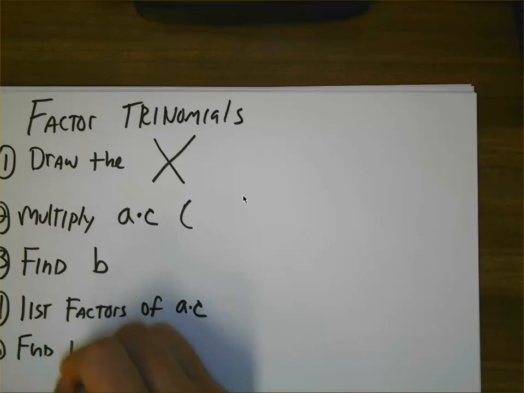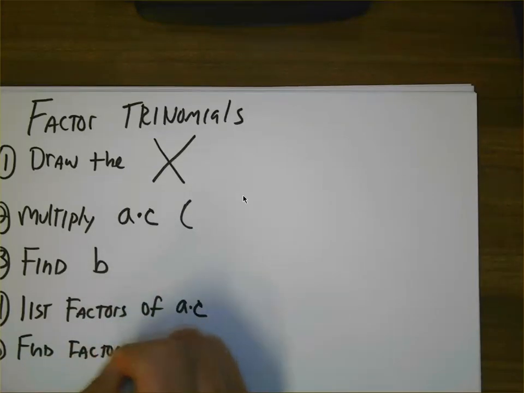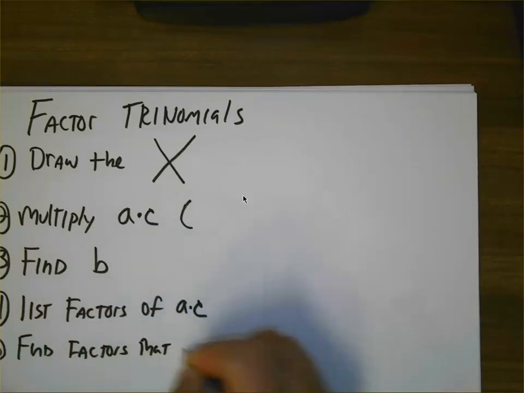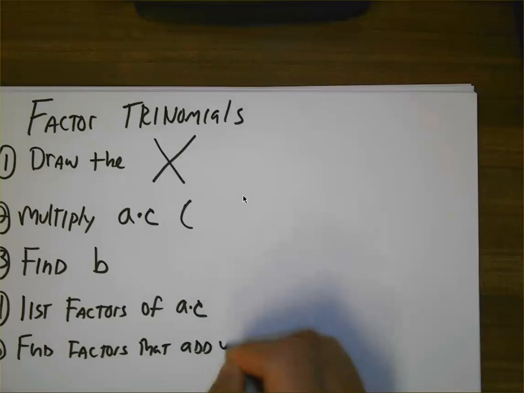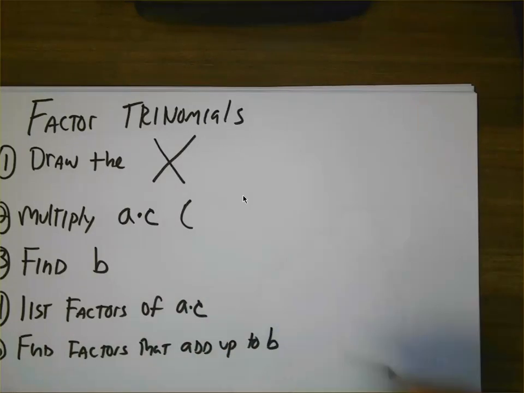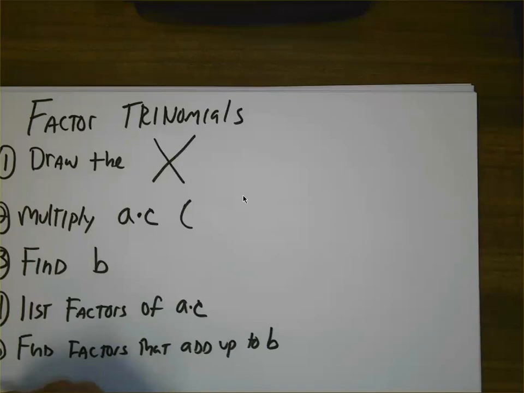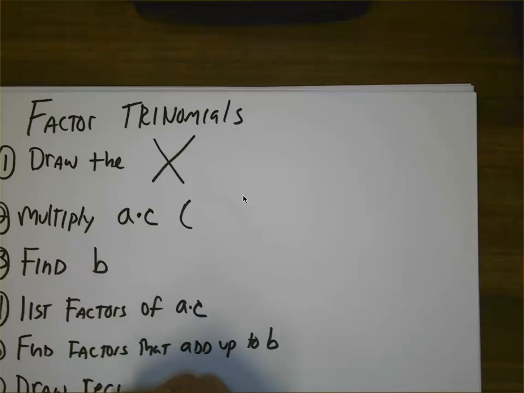Find factors that add up to B, right? And then that's 5. Let's see, step 6. Draw a rectangle.